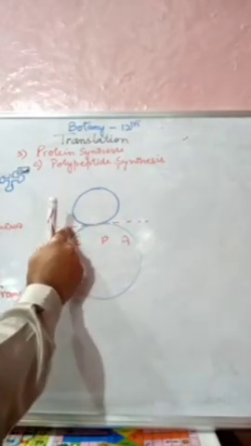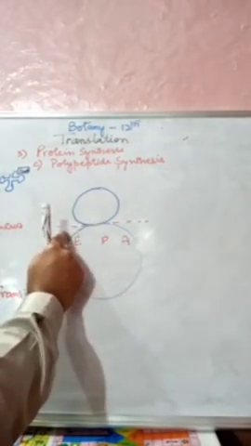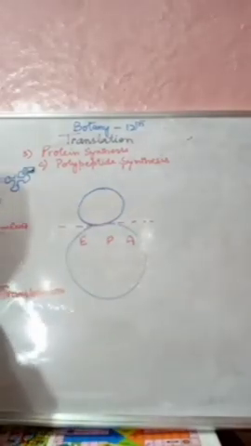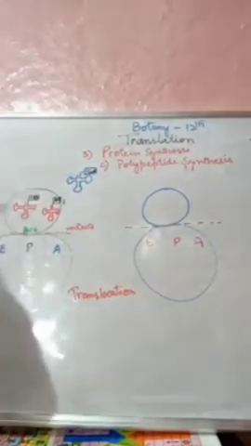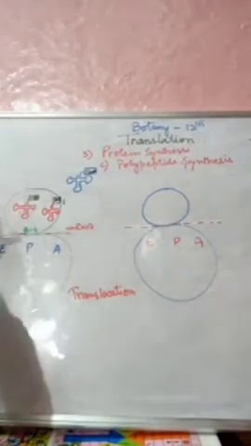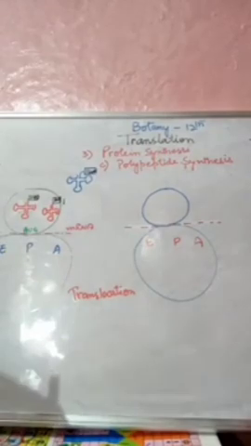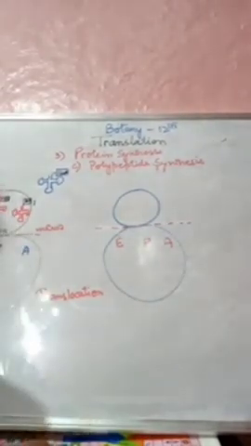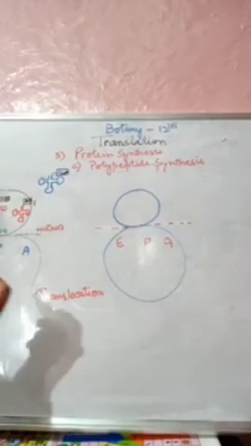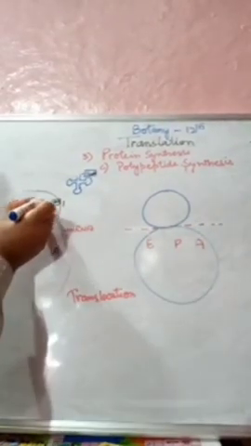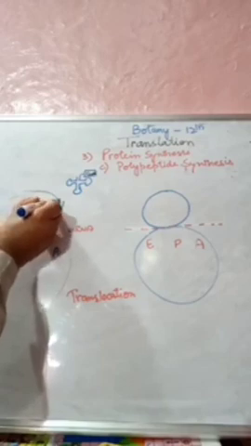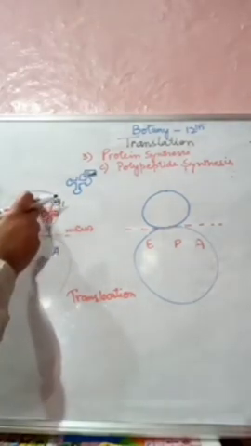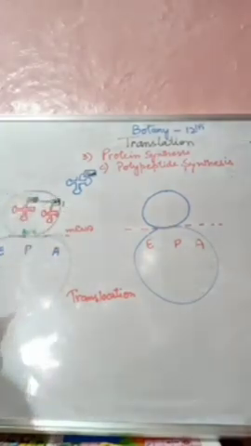Since we know E is the site for exit, this tRNA which has the F-Met has to exit. Before this actually takes place, this amino acid and this amino acid join together by means of the bond which is called the polypeptide bond.